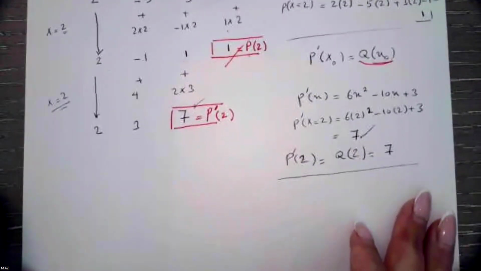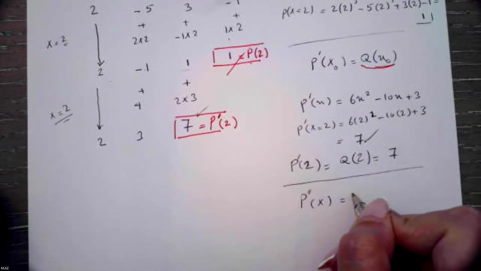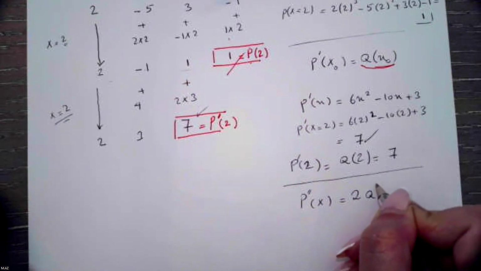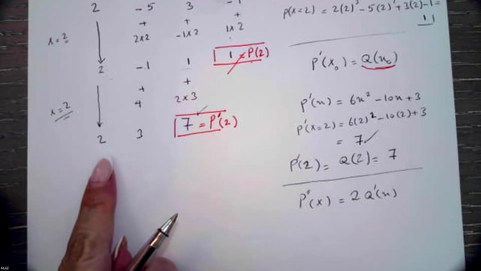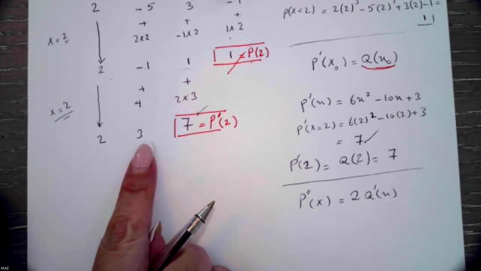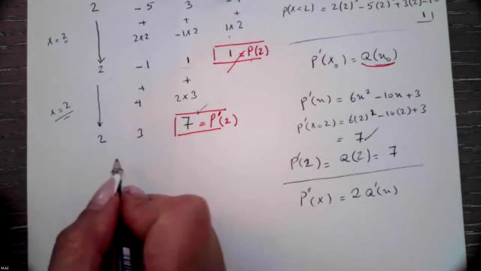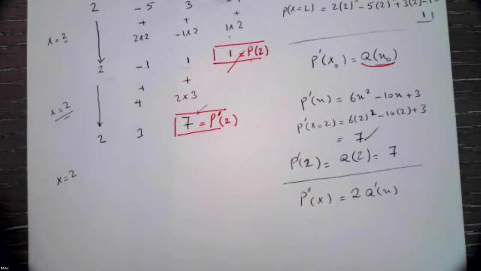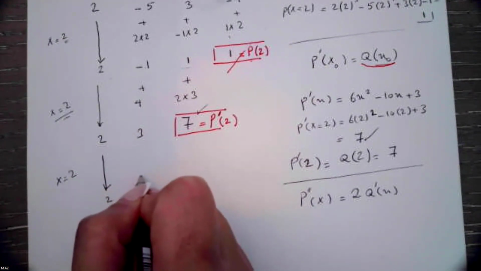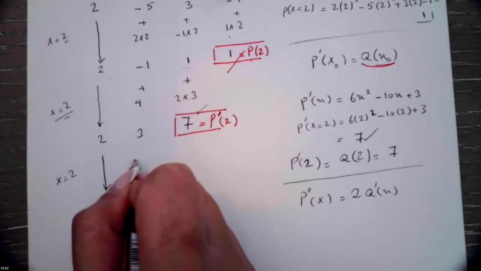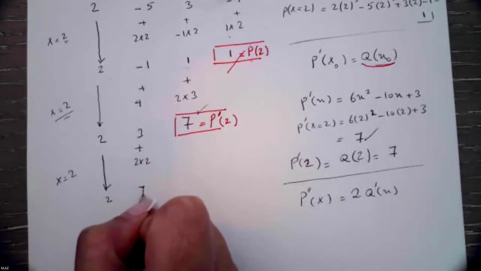Also, we can find the second derivative of the polynomial function based on this equation. It means if we run Horner's method on this answer, we can find the second derivative of the polynomial function. Again, this is the point 2. 2 times 2 is 4 plus 3 becomes 7.